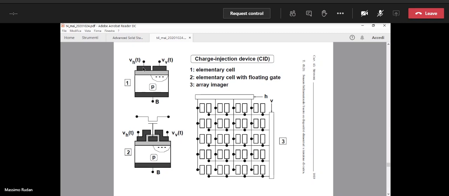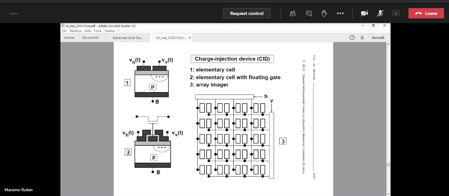At the same time, all the pixels that are in the same first row, but they're not the first one on the left, so number 2, 3, and 4 of the first row, will have the right gate kept low, but the left gate will be kept high. So they will keep the charge under the left gate.